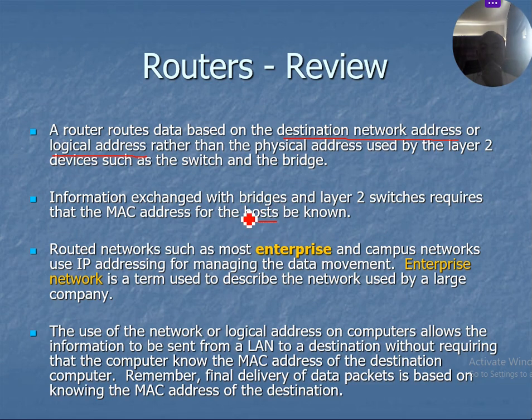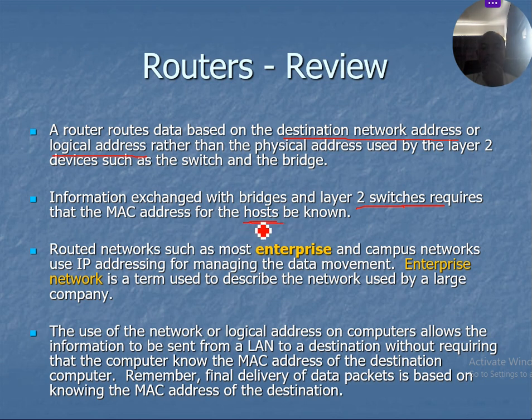So the host could be the source address and the destination address in a LAN. So for switches, when we're doing layer 2 addressing, we need the host MAC addresses of the two hosts.